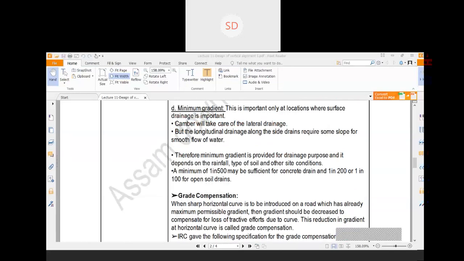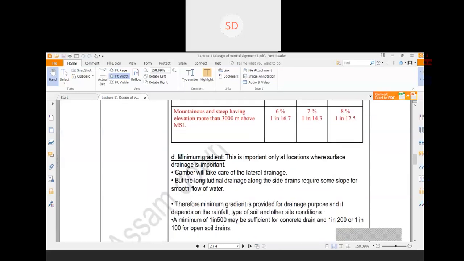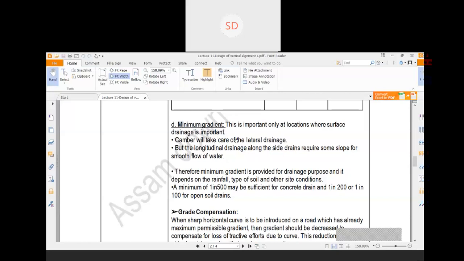Okay, now another type of gradient is called minimum gradient, and this minimum gradient is provided to drain off the surface water. So it is important only at locations where surface drainage is important.